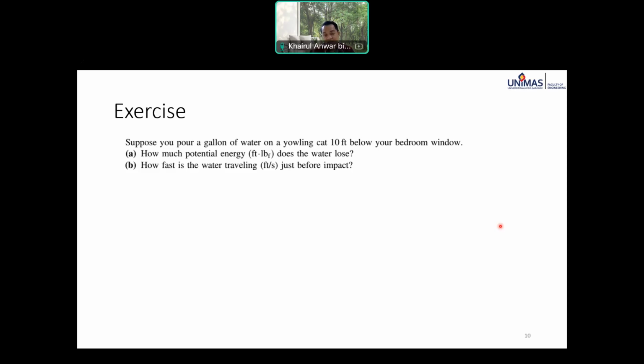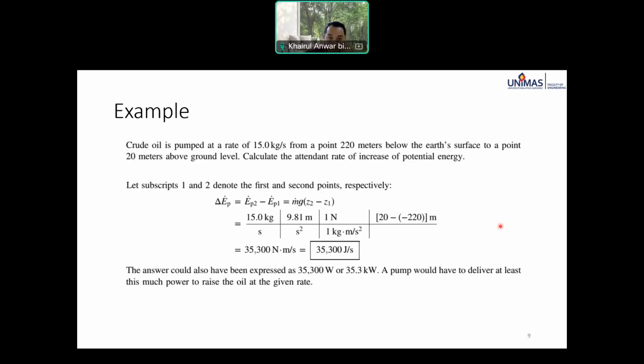The cat is Z2. Sorry, yes, Z1 is your bedroom window. Normally like that. So how much potential energy does the water lose? So how to calculate?